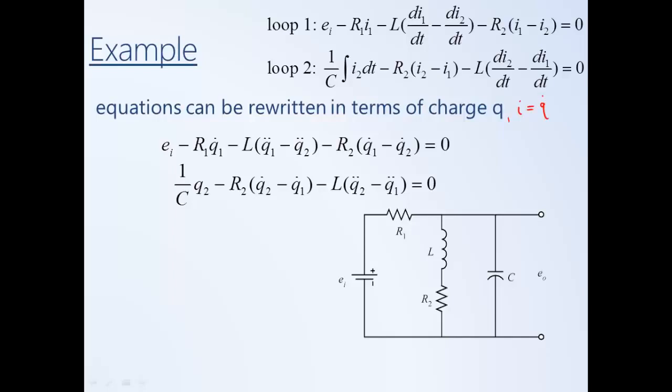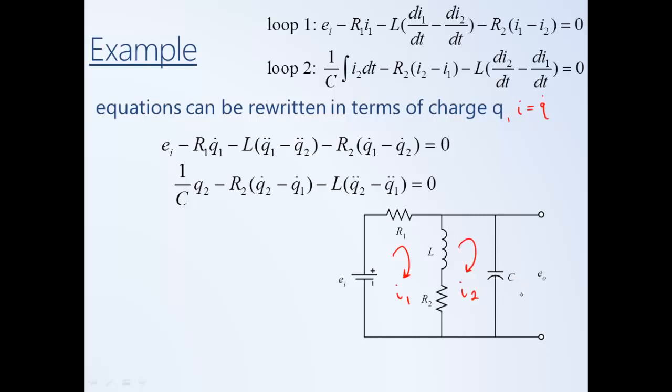In this case, the Q2 has a very physical meaning. If we recall, I1 was the current through the first loop, I2 was the current through the second loop. So since I2 is the current through the capacitor, Q2 is the charge built up on this capacitor.